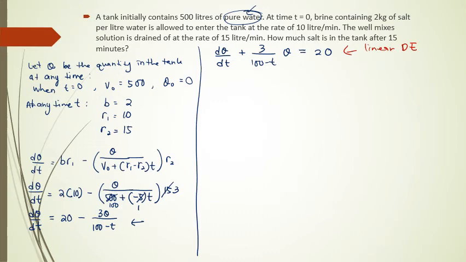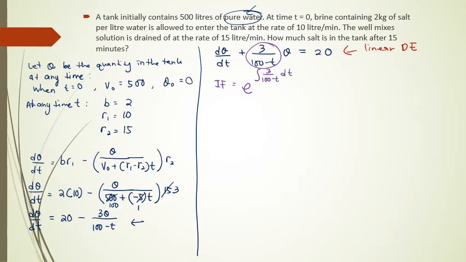We need to find the integrating factor, IF. Find IF equal to exponent of the integration of P. So what is our P here? 3 over 100 minus T dt.